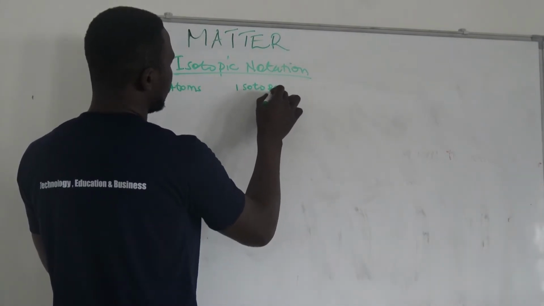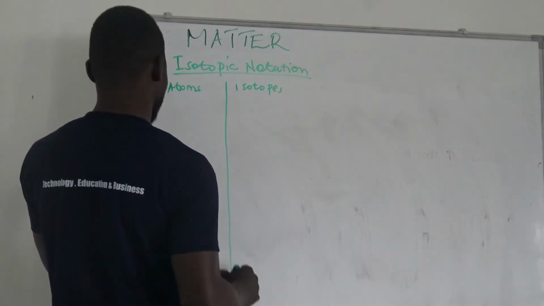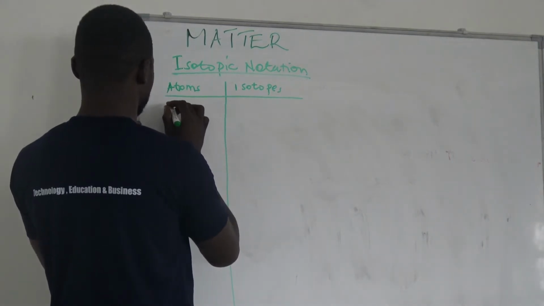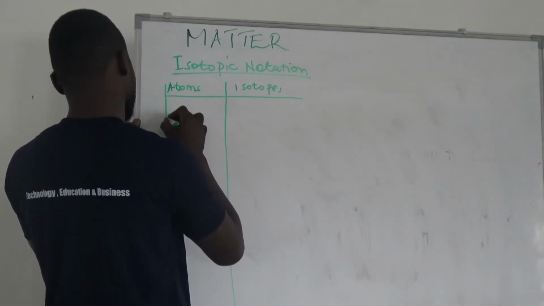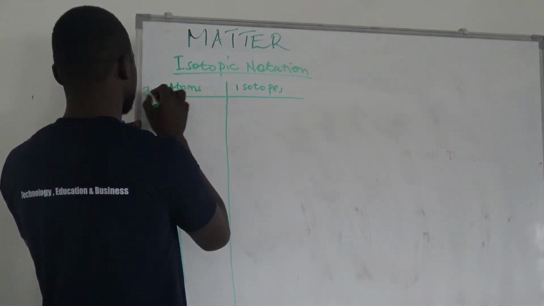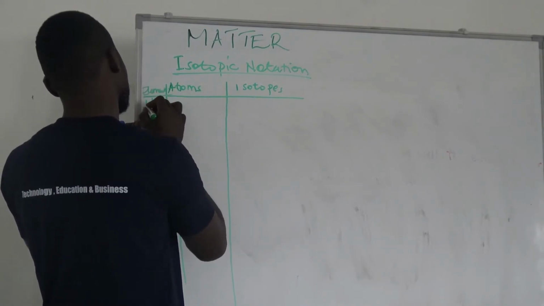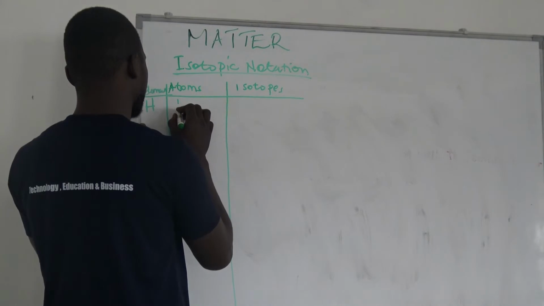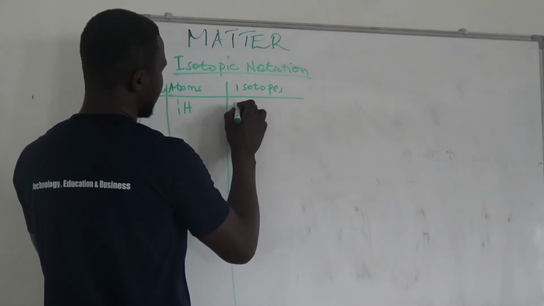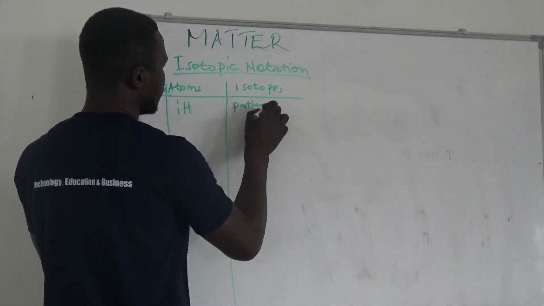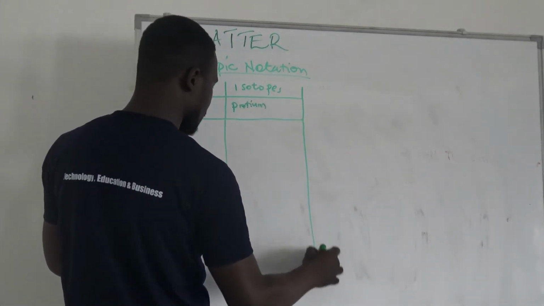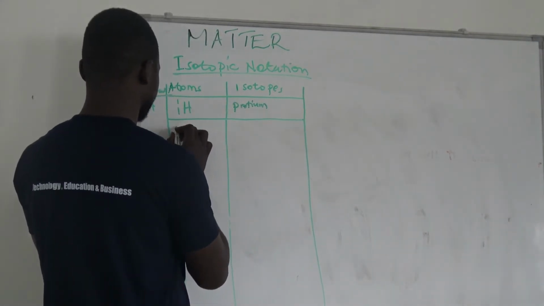Then we look at the various isotopes. Let's look at the elements that exhibit isotopy. We begin with hydrogen. Hydrogen is denoted like that, and when it is like that, we say this is protium.